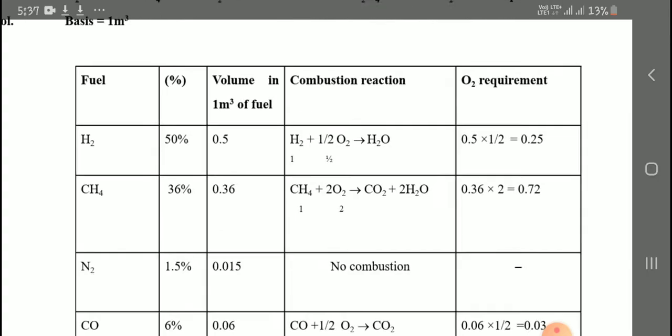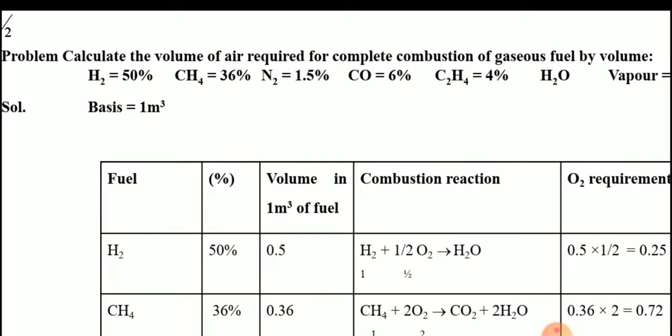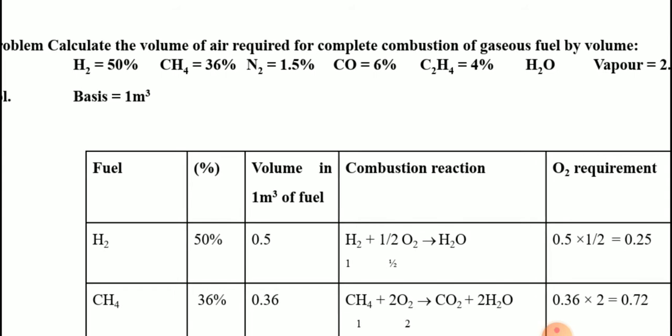Numerical. Calculate the volume of air required for complete combustion of a gaseous fuel by volume. Here a few components are given: hydrogen, methane, carbon monoxide and ethene are those components which undergo combustion reaction, whereas nitrogen and water vapor do not take part in combustion reaction.